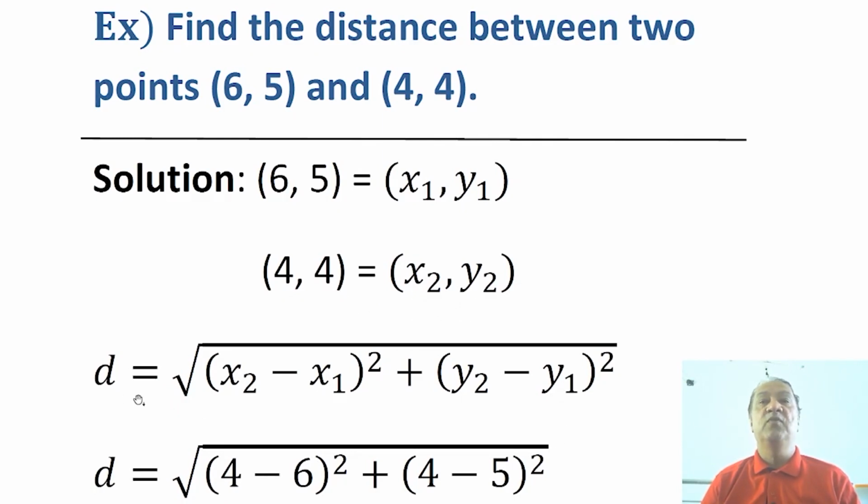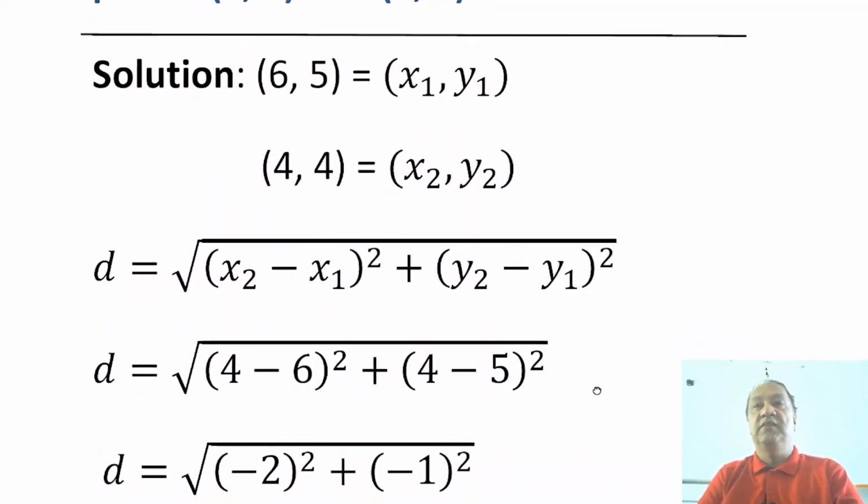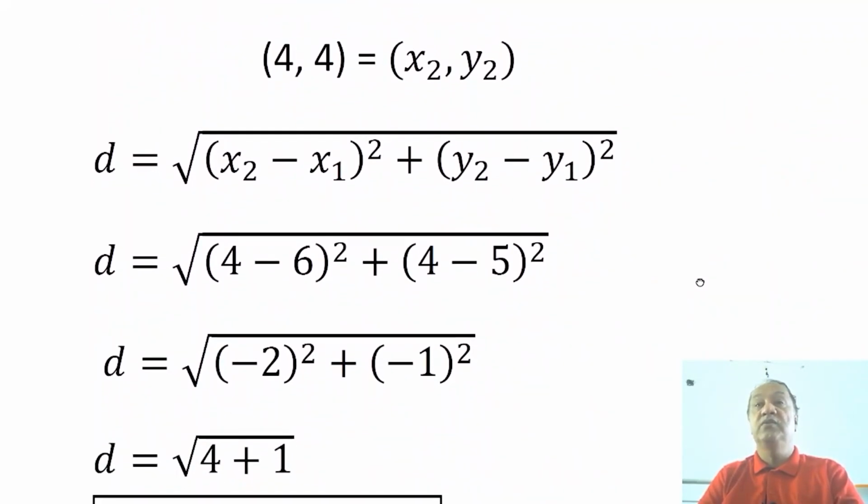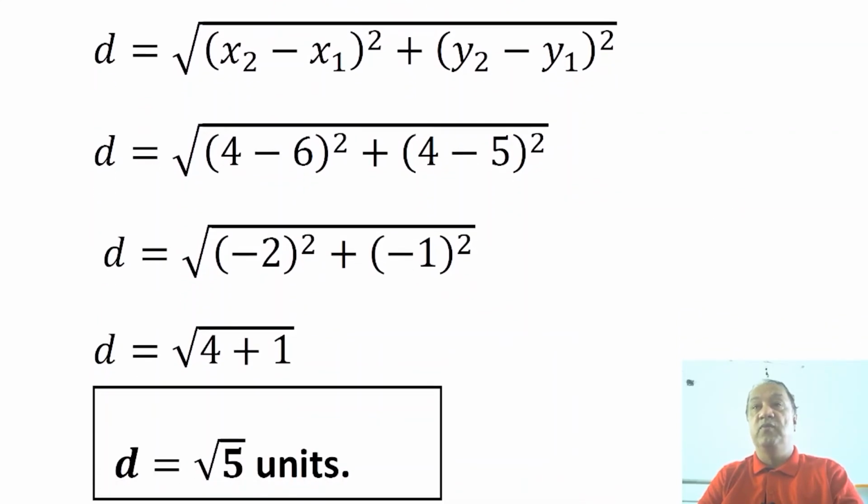Now the distance formula is d is equal to square root of x2 minus x1 whole square plus y2 minus y1 whole square. Now let us substitute the given values in the distance formula. Now x2, the value of x2 is 4, which is already given in the question.